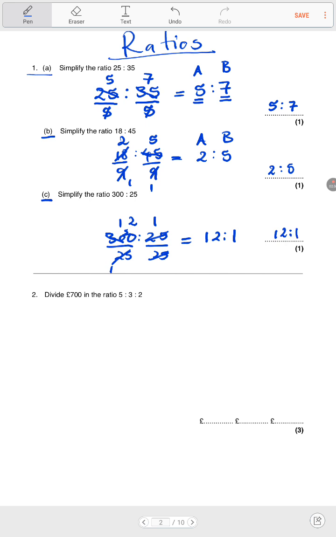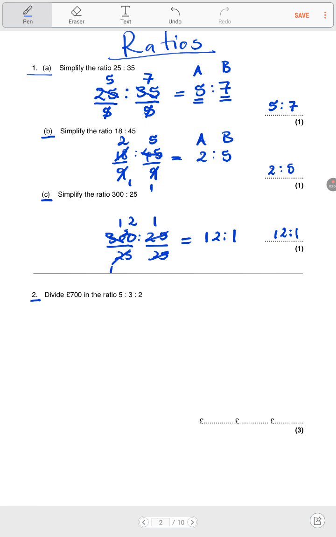Okay, we move on and we look at number 2. Number 2 says divide 700 pounds in the ratio 5 is to 3 is to 2.